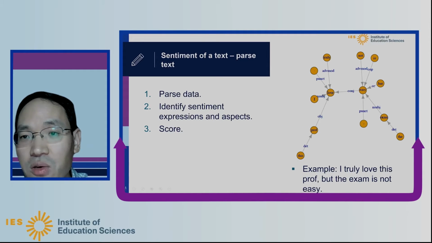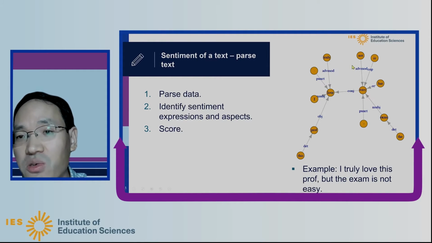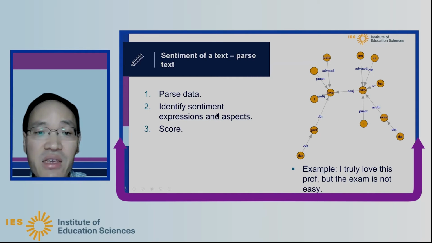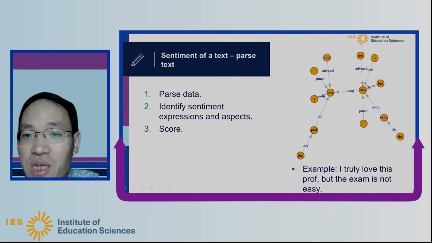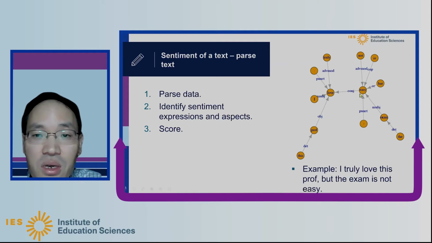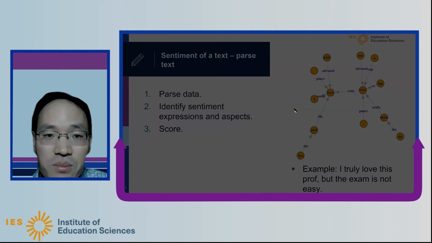We also look at the relationships among those words. For example, this is not easy. Then we identify the sentiment expressions, for example, easy, love, truly. Then we see how each relates to each aspect, and then we score it.